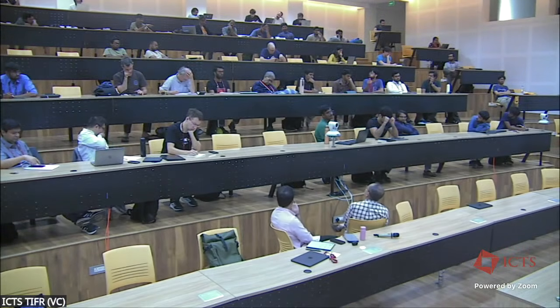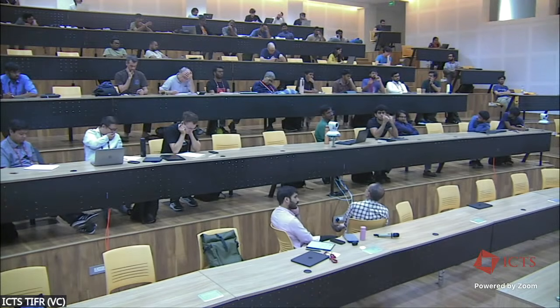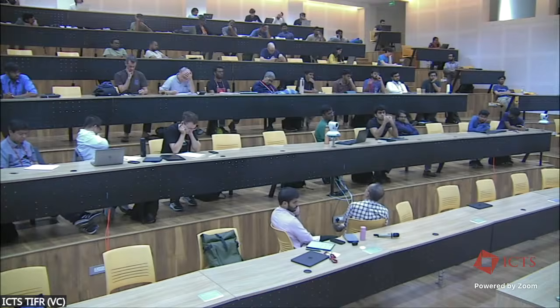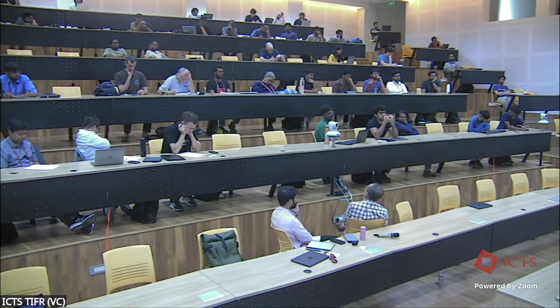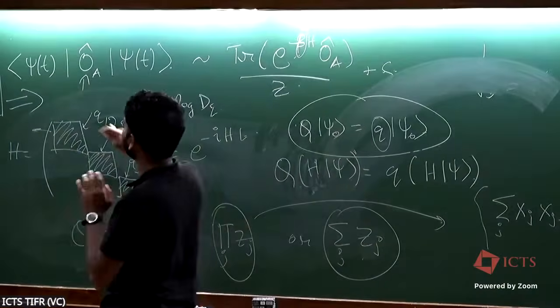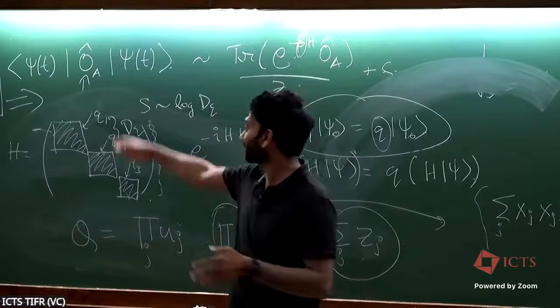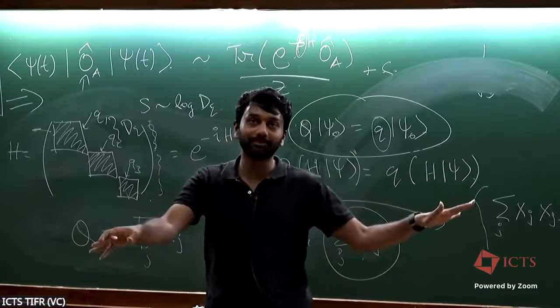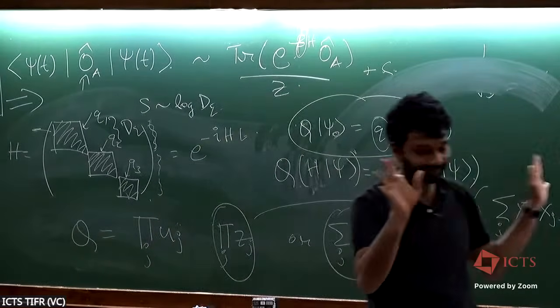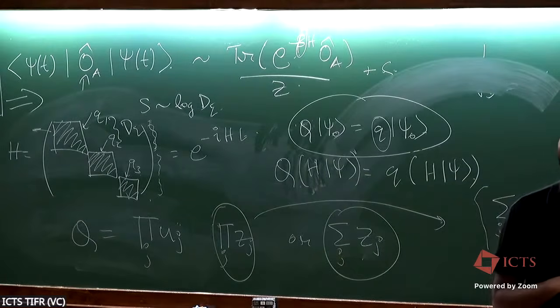No, not sure, right? Okay, yeah. So here I'm just starting with some initial state that lies in the Hilbert space and asking how it evolves. And just because of this block diagonal structure, it does not escape the block. So that's the message, right?